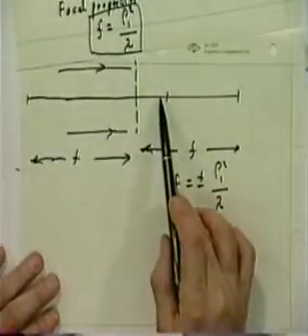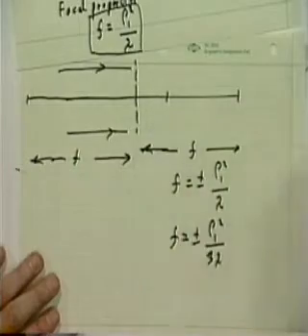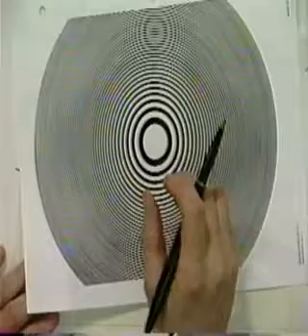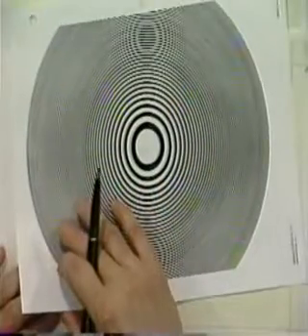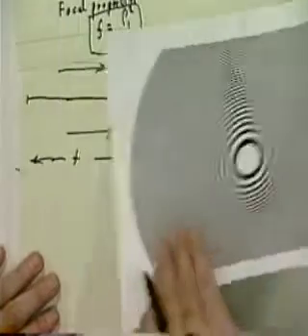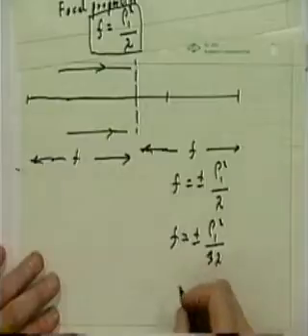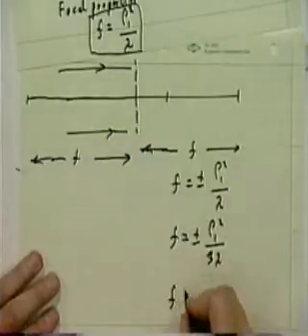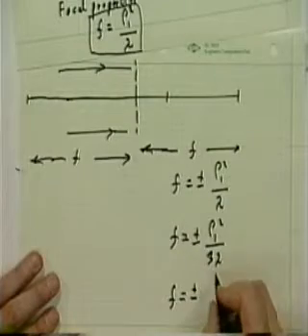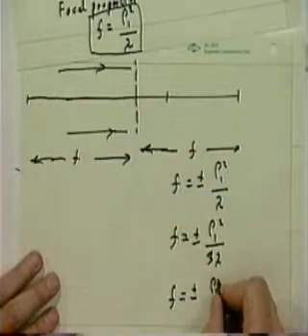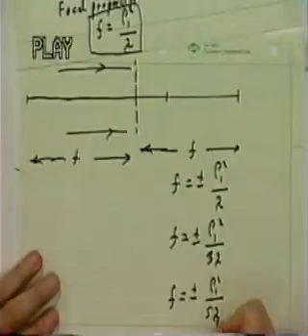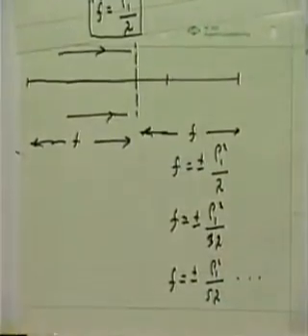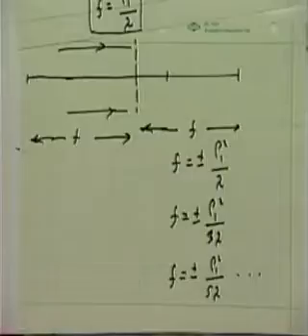If I go in here a quarter of the distance, now each opening would consist of 4 Fresnel zones, and they would cancel one another, so that doesn't give me anything. But if I go in here a fifth the distance, now each opening would have 5 Fresnel zones, so I have another focal length here of plus or minus rho sub 1 squared over 5 lambda. And then so on. So we get all these odd orders. The even orders cancel out.